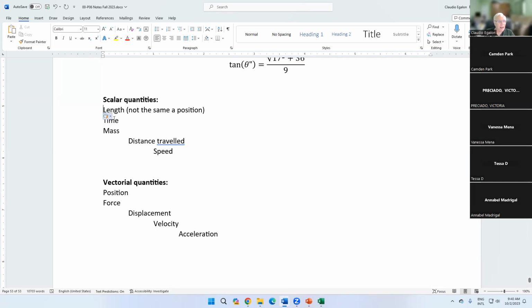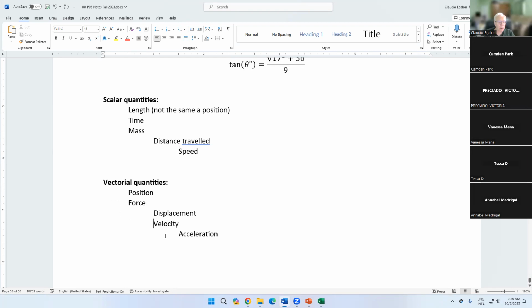I'm going to justify a little bit here, so we have it nicely organized.